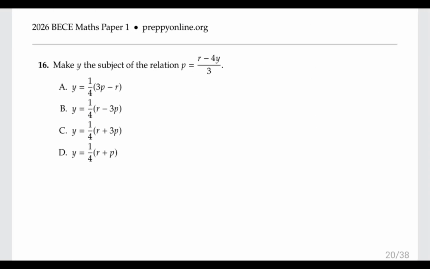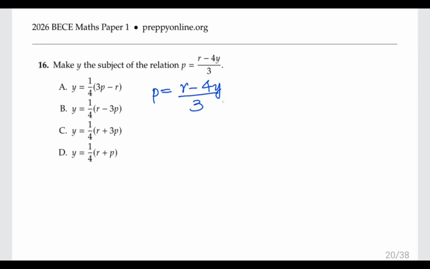All right, the next question is question 16. Make y the subject of the relation p equals r minus 4y over 3. We're trying to make y the subject, so we can write this again. P equals r minus 4y over 3.